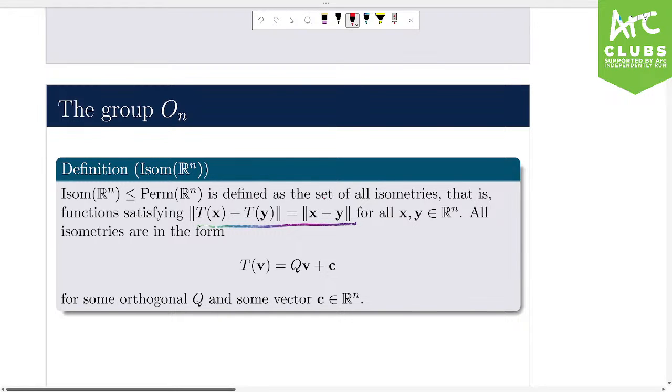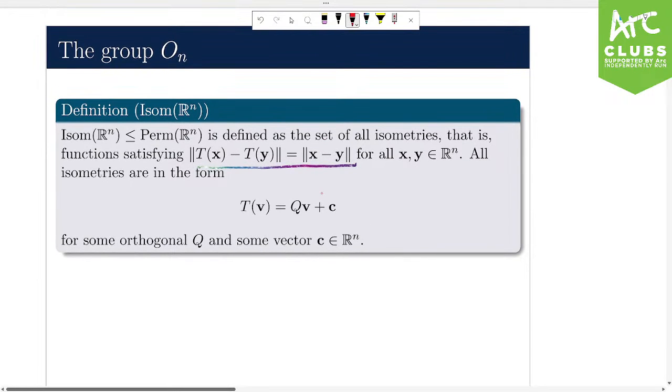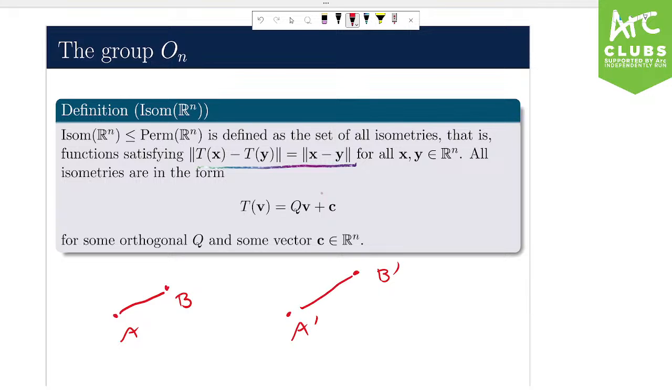What this means is basically if you have two points in Rn, A and B, and you take the image of those under some t, and you get A prime, B prime, the distance between these is the same for any pair you pick.